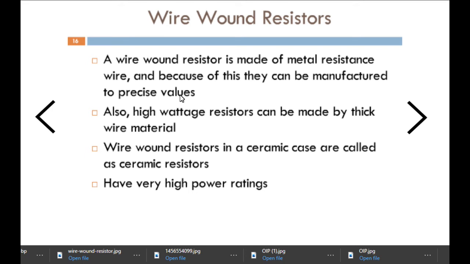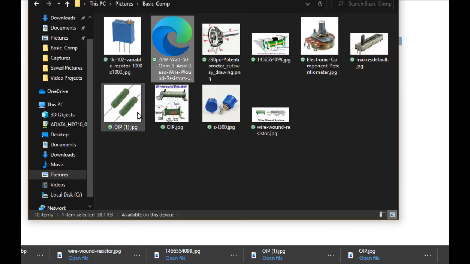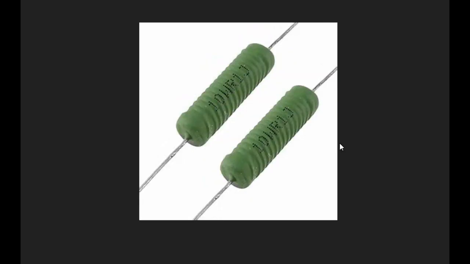This is another typical kind of resistance, where I can explain some examples of wire wound resistance. This is a wire wound resistance. Inside this resistance there is a ceramic rod, a ceramic tube, and outside the tube the wire has been wrapped, and two terminals are connected with the two leads.